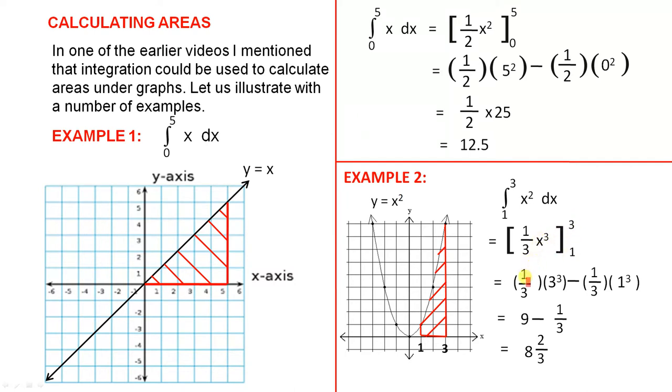Substituting 3 in first, that's a third times 3 cubed minus a third times 1 cubed. Now a third of 3 cubed is a third of 27, which is 9. A third of 1 cubed is a third. 9 minus a third is 8 2/3. So that's the shaded area.